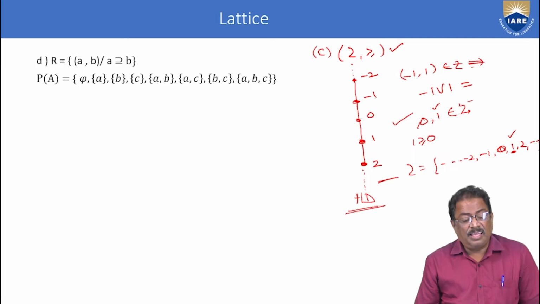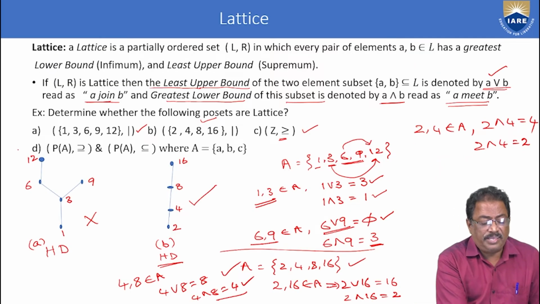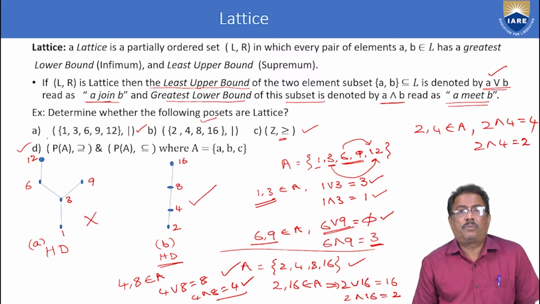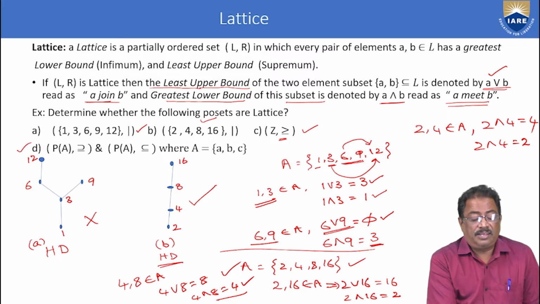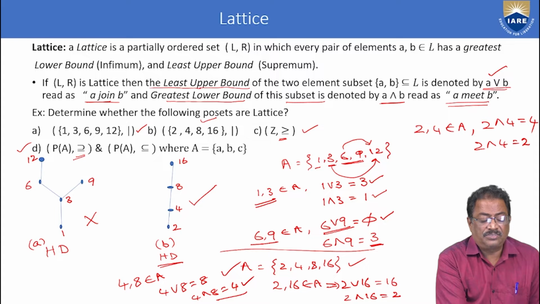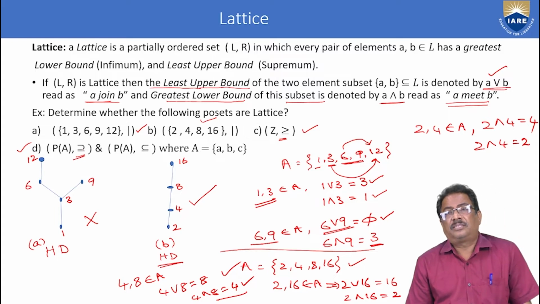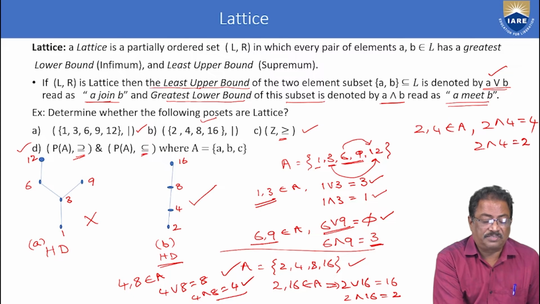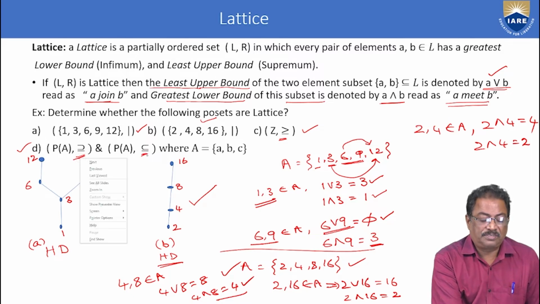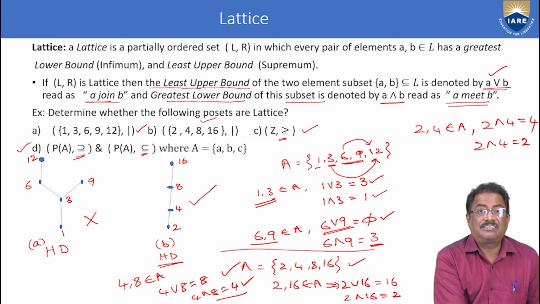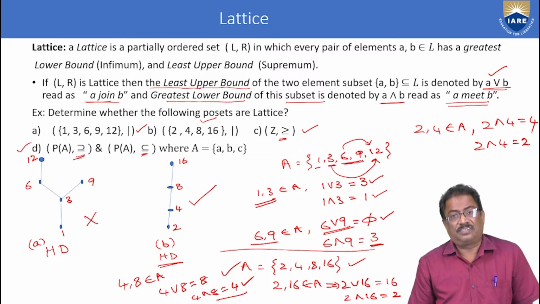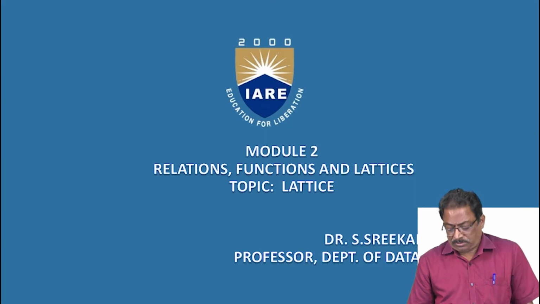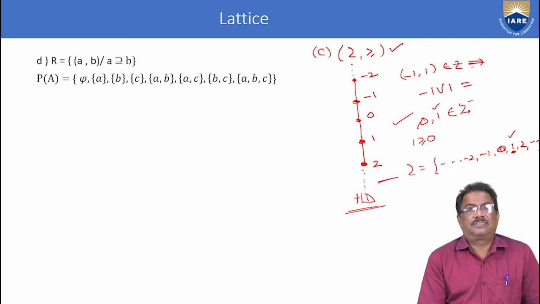Now, the other concept. So D is a power set of A, and the relation is nothing but subset, and this is superset. This is subset, whereas this is superset. Okay, so now I am going to discuss this.